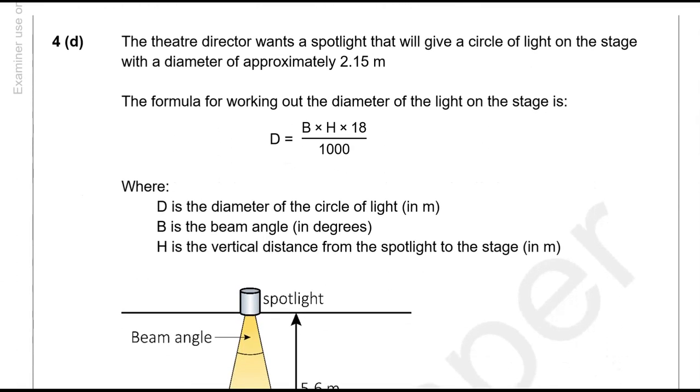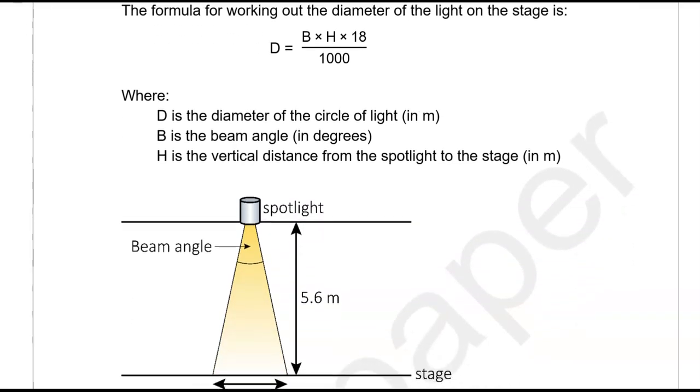The theatre director wants a spotlight that will give a circle of light on the stage with a diameter of approximately 2.15 meters. The formula for working out the diameter of the light on the stage is D equals B times H times 18, all divided by 1000, where D is the diameter of the circle of light in meters, B is the beam angle in degrees, H is the vertical distance from the spotlight to the stage in meters.